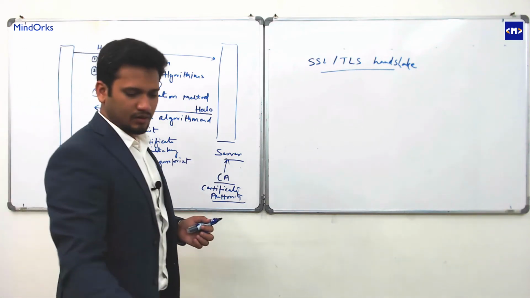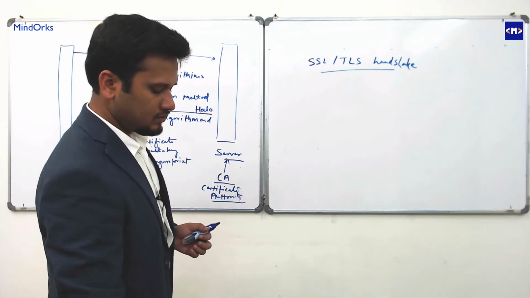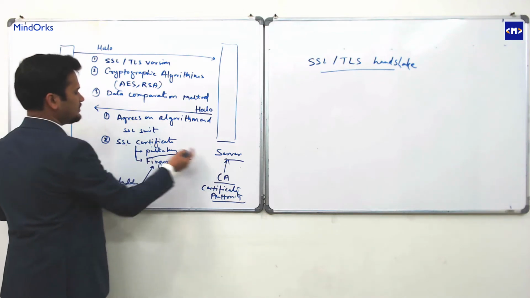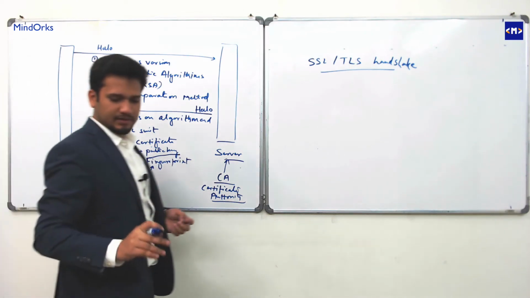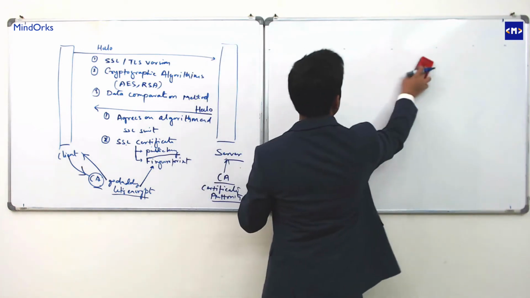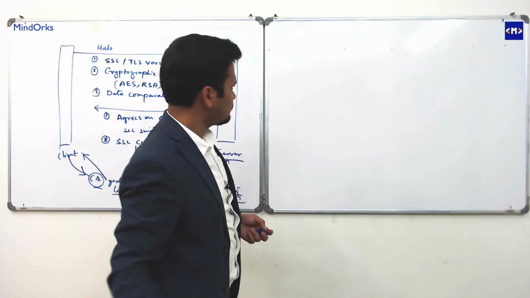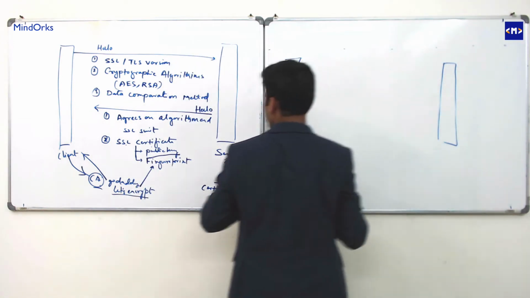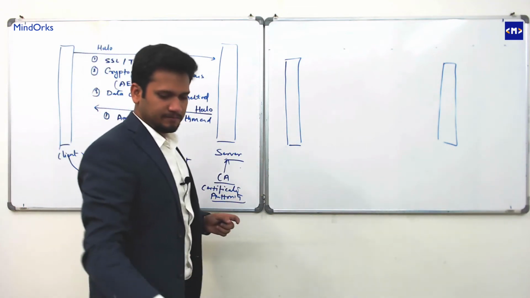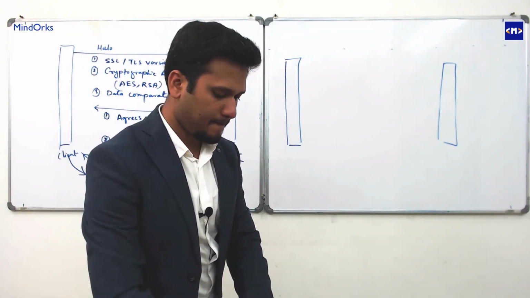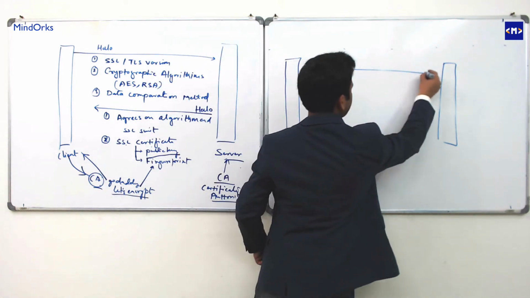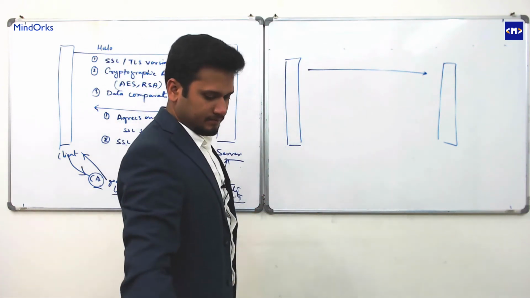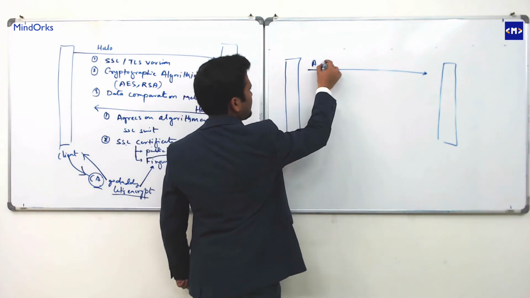Now this certificate has the public key. The public key was sent by the server to the client. Now what happens is that the client sends information to the server. It is a key, which is called a shared key.